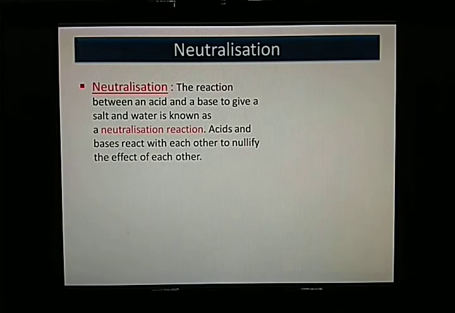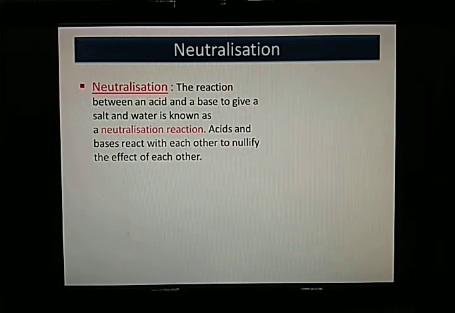Nullify means totally disappear, or totally reduce the effect of an acid and a base. After the reaction, none of them has their chemical properties left. It becomes a totally new substance, that is a salt and also some amount of water. Clear?